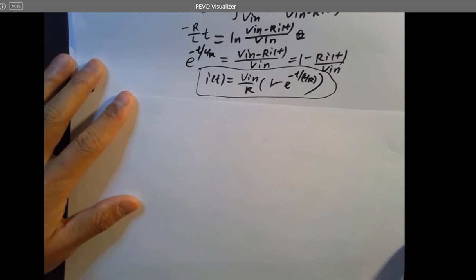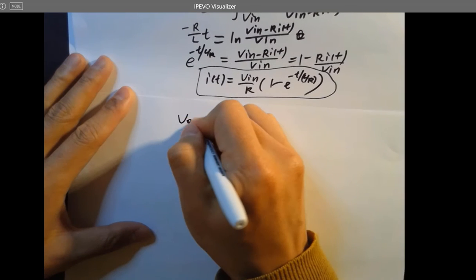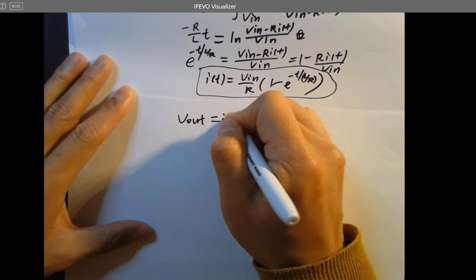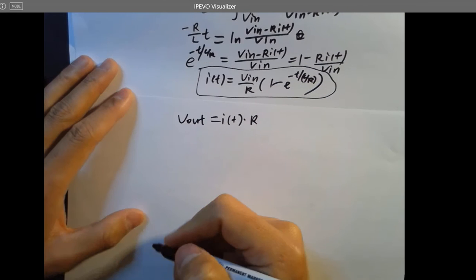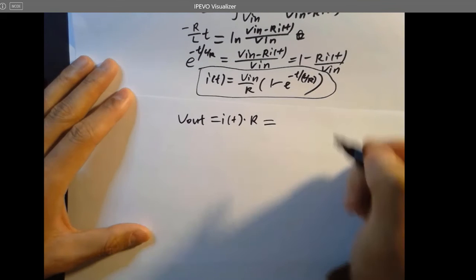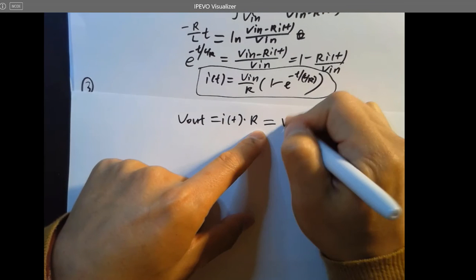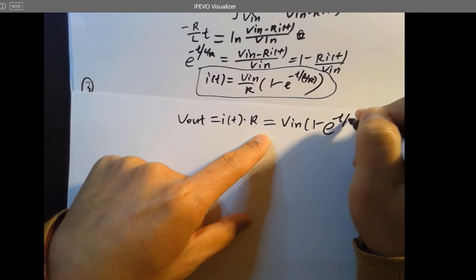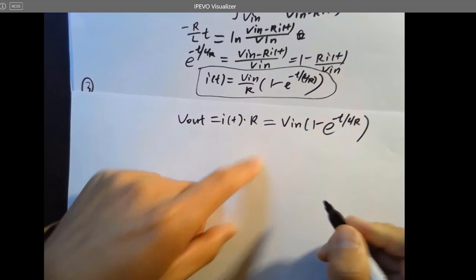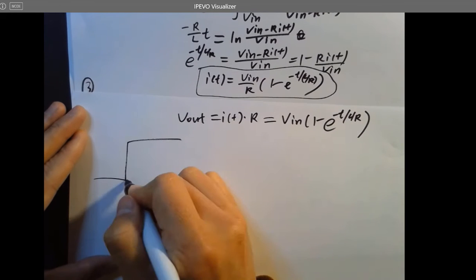So I'm getting V out equals to I(t) times R, right? Which is pretty simple. And this equals to what? Because I(t) is this part, so just R times this guy, which is V in, 1 minus e to the minus t over L over R.